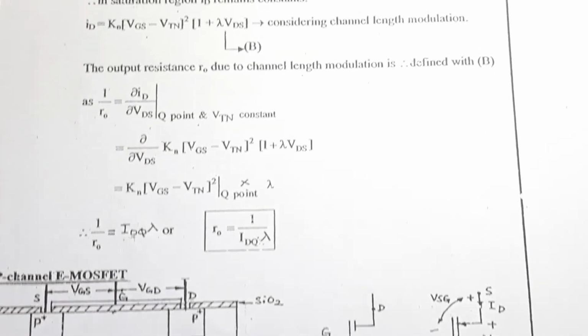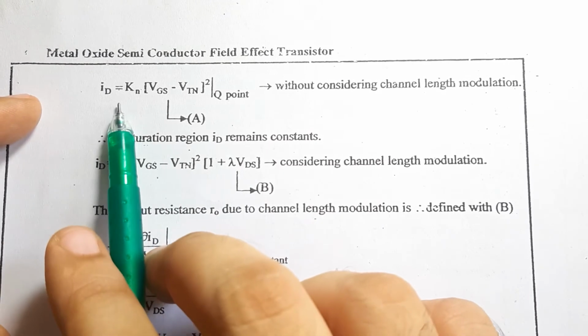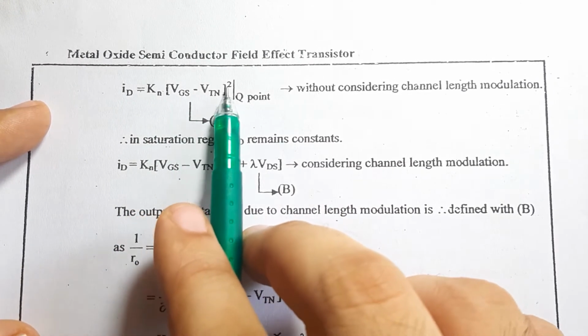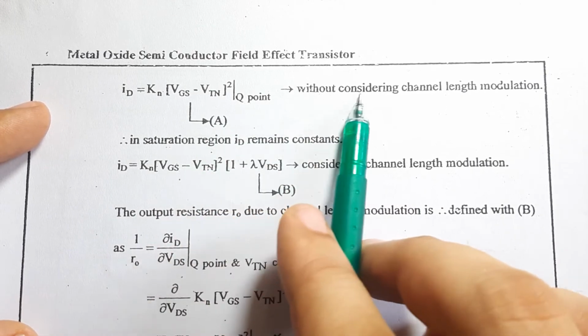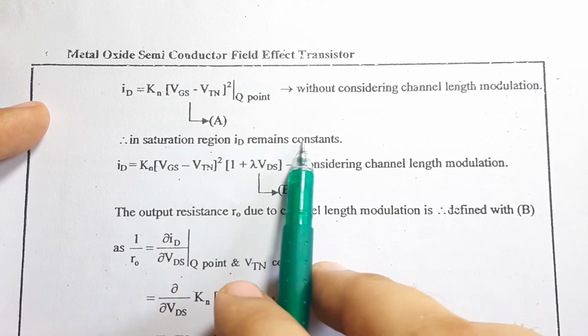Now let's proceed further. We have to derive the formula for RO, and it won't be that easy in nature. ID is given as Kn (VGS − VTN)² at the Q point without considering channel length modulation. Therefore in the saturation region, ID remains constant.